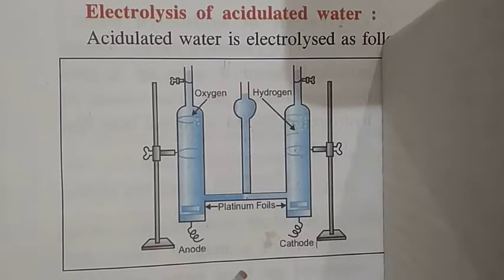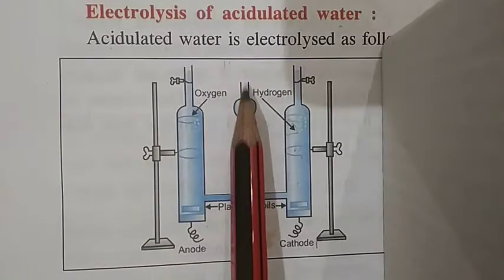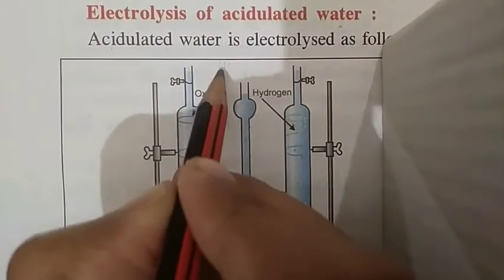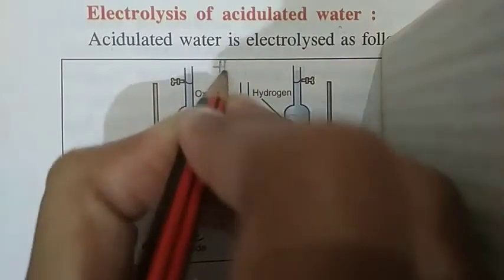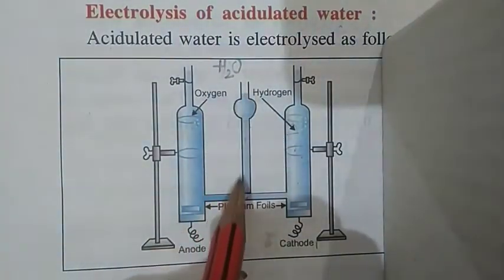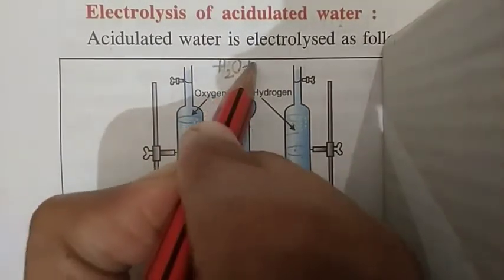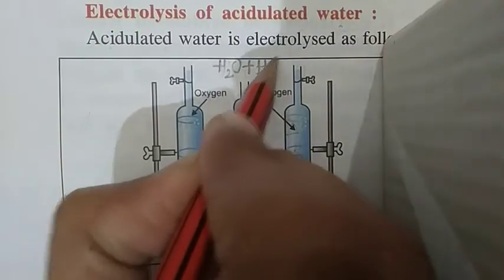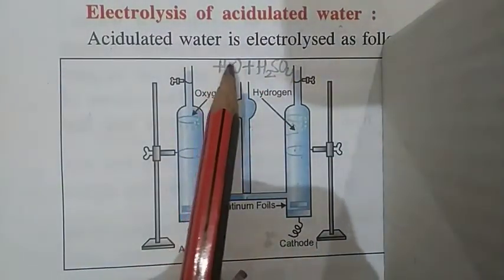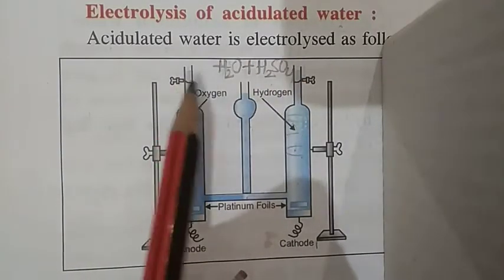So first step, we add water molecules, H2O, to the central tube, and then we add a strong electrolyte, that is sulfuric acid, H2SO4, along with this water, which acts as a strong electrolyte.